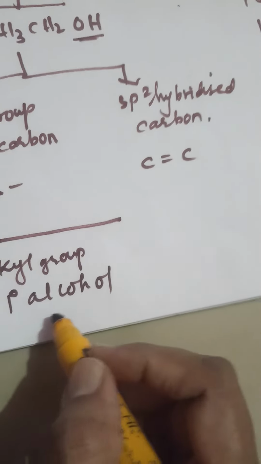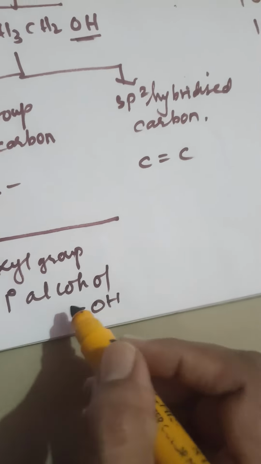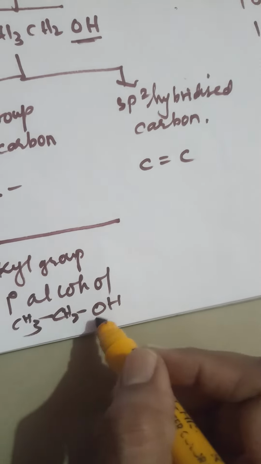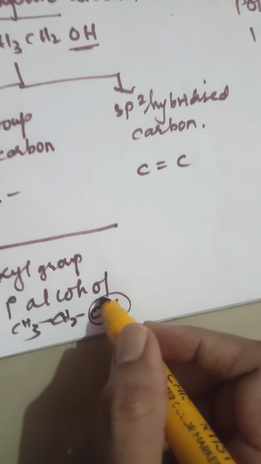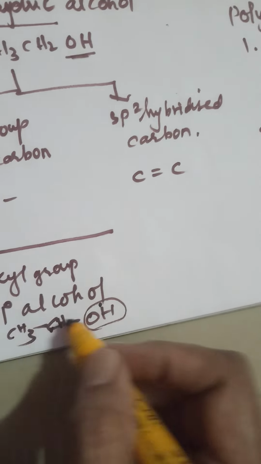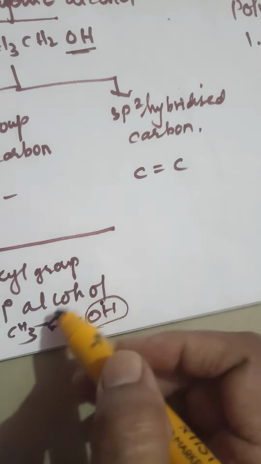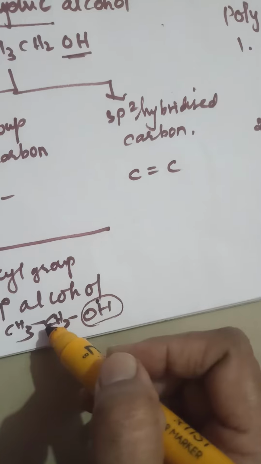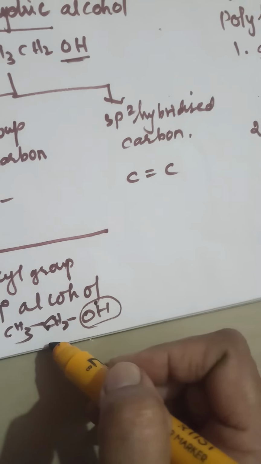Primary alcohol example, OH group attached with CH2, CH3. If the functional group alcohol is present on a carbon which contains only one carbon, that is primary alcohol. If the carbon contains two carbons, and if the carbon contains three carbons, that is secondary alcohol.